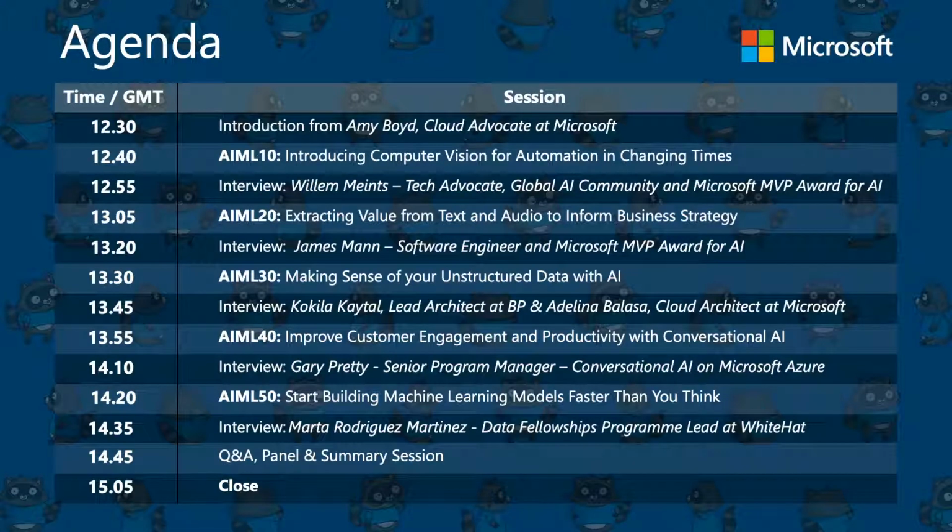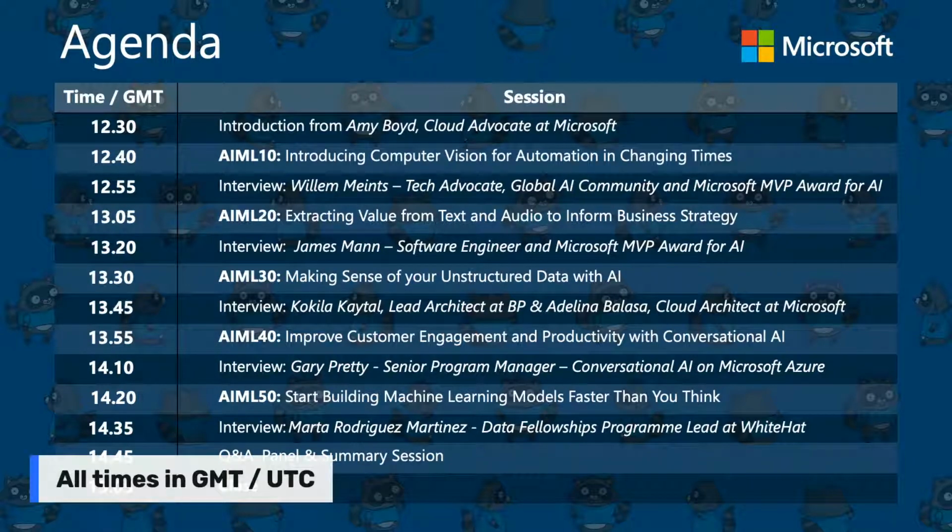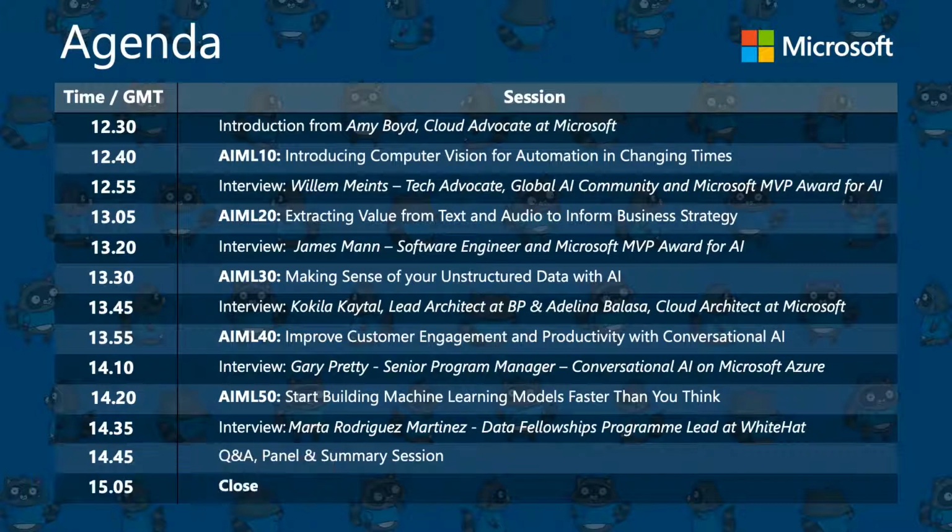Here it is, our amazing agenda. You might have spotted it just at the start there. We're just doing a little introduction right now. We'll then jump into a session based on computer vision. These sessions, AI, ML 10, 20, 30, 40 and 50 that you can see on there are all pre-recorded. They have been created by some of our amazing content creators from around the company that are going to show you things from computer vision to text and audio processing.